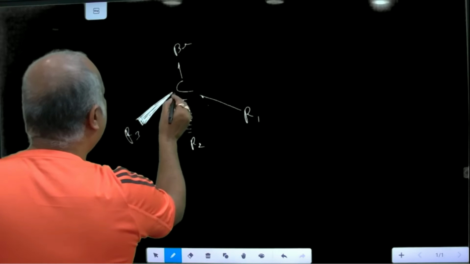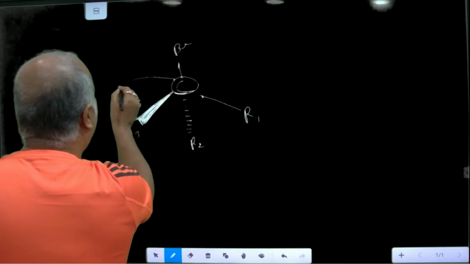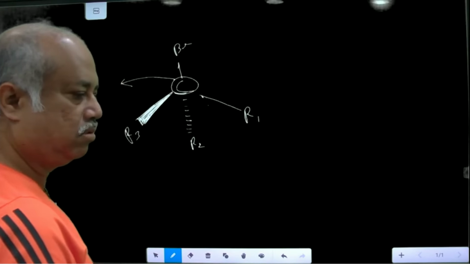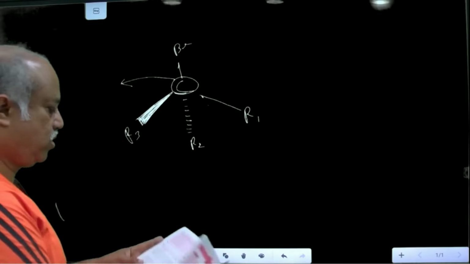This carbon is a chiral carbon or asymmetric carbon. Okay?